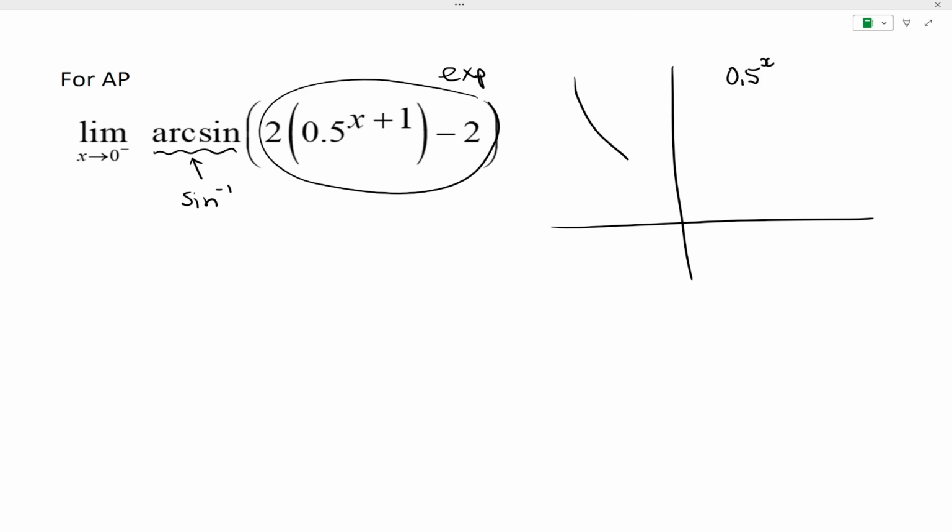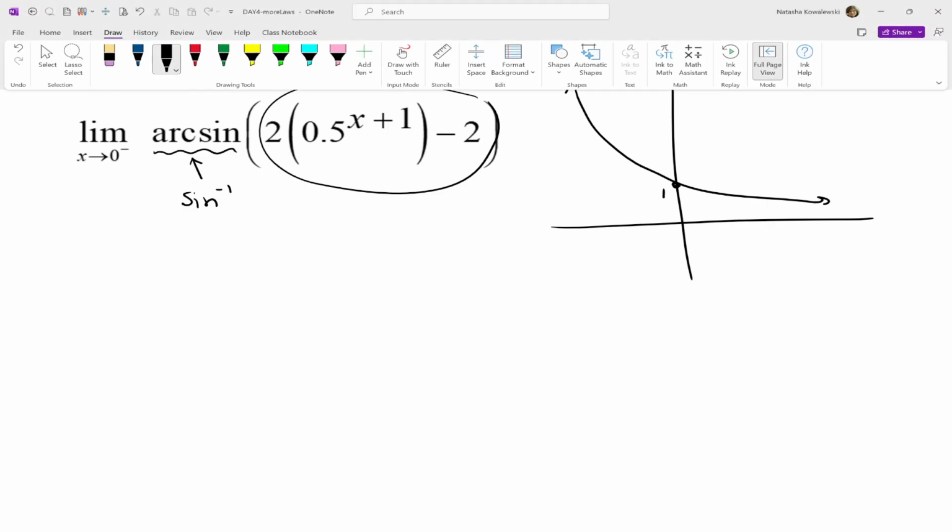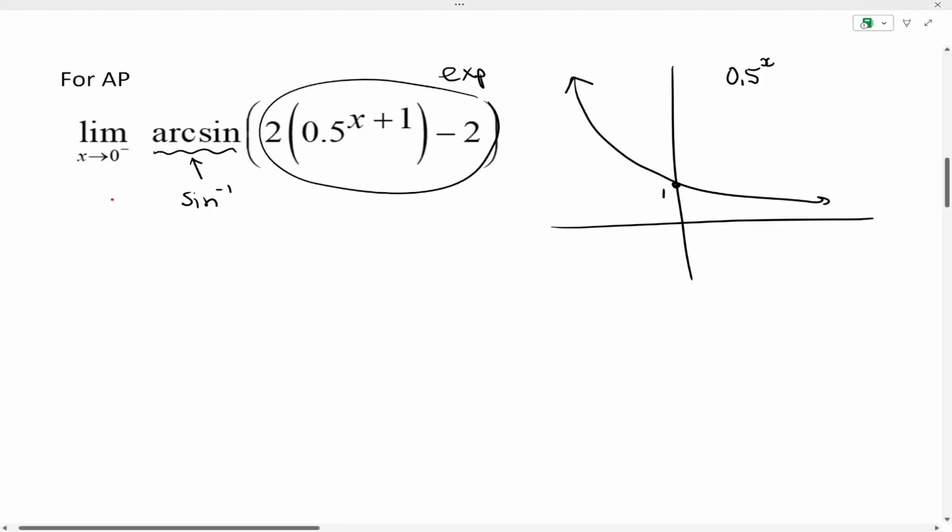Decaying. So it's going to decay like this and touch at 1, because anything to power 0 is always 1. Then I'll switch the color to apply the transformations. If you recall from grade 11 or even in grade 12, when we apply transformations, we do stretches before shifts. So can someone tell me if there is any stretches and what type?